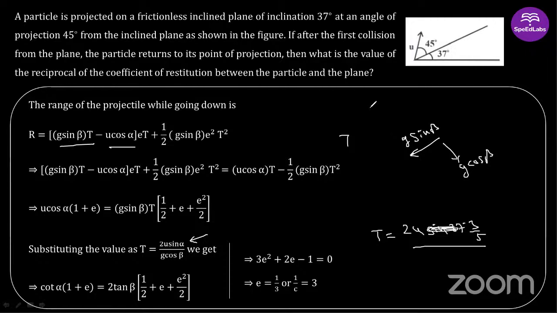This beta is 37, so it will be sine of 45 degree, and into g cos beta. So cos of 37 is 4 by 5. Yeah, we were also getting that only. 5 2s are 8, 2 cancels, u by 8, and this is 1 by root 2. Getting u by 8 root 2. This is the time.